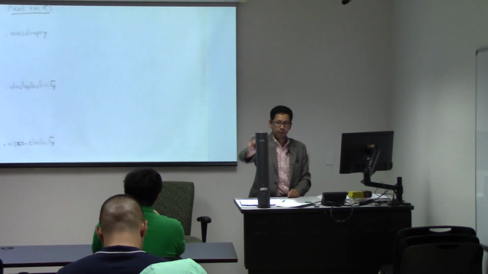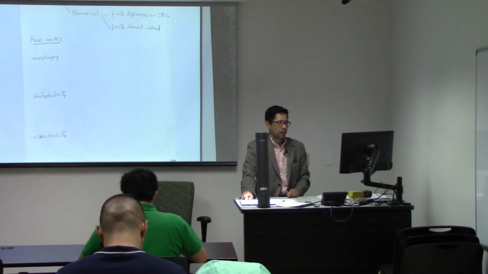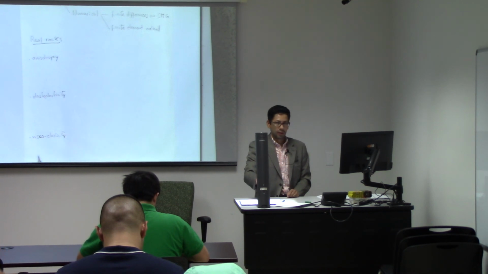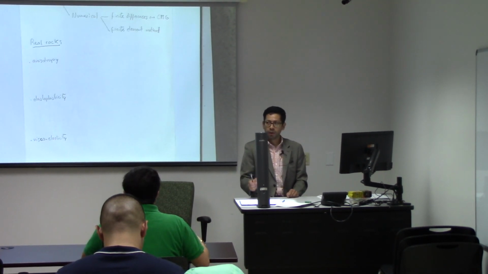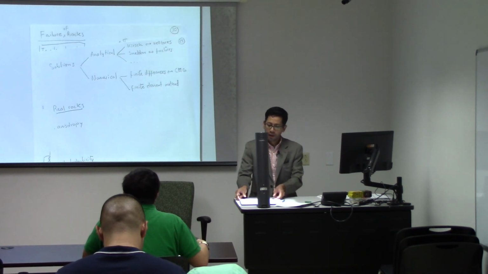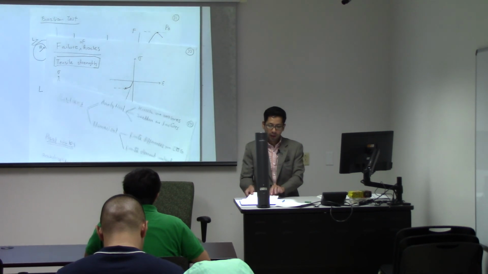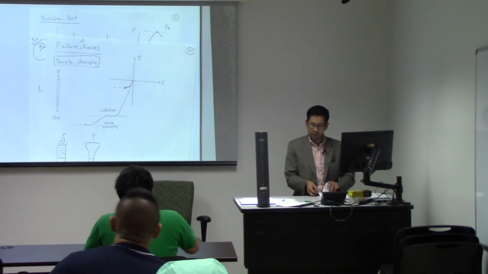But remember, we're going to talk about this on Thursday. That real rocks are actually anisotropic, they have plastic strains, and they can be viscoelastic, okay? We'll talk about this on Thursday. I just want to make sure that you know how to solve the homework. And after we do this, then we move into the failure of rocks.